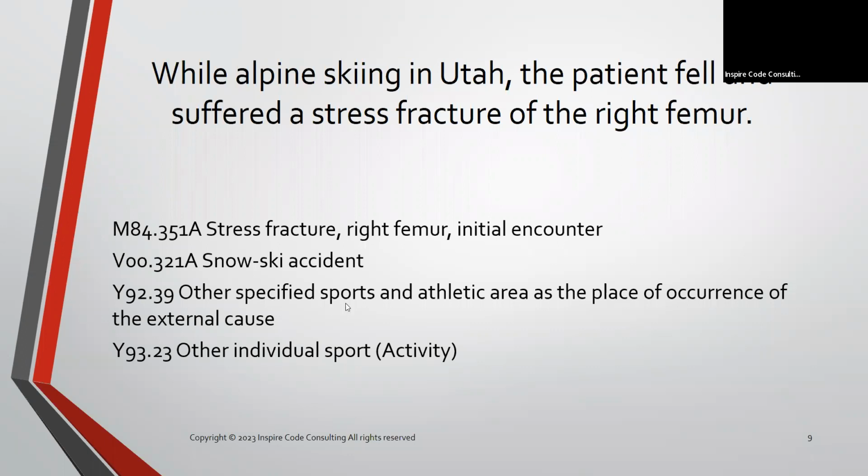If it's other, you're still explaining the story, because it was something else. Also, other individual sport. Just like this is an activity, an individual sport would be track. They may have a code for track, however, they don't have a code for this skiing activity. So you would have other individual sport.